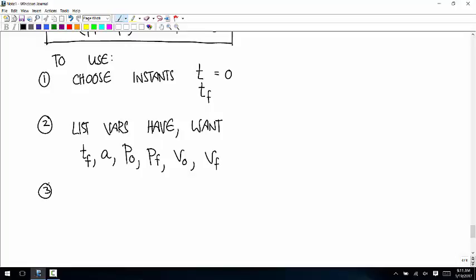And then of those 3 constant acceleration equations, you're looking for one that has the variable you want, and every other variable in it is known.